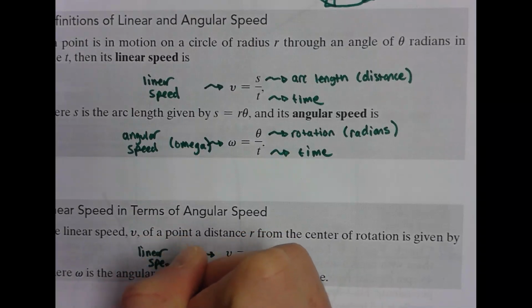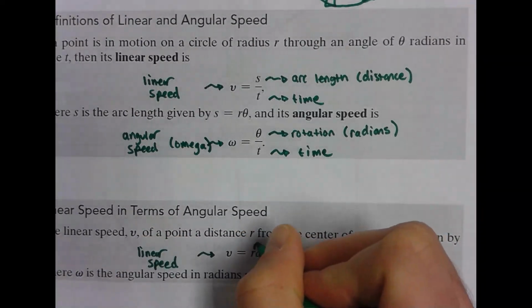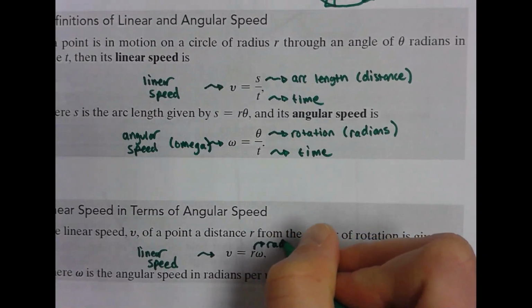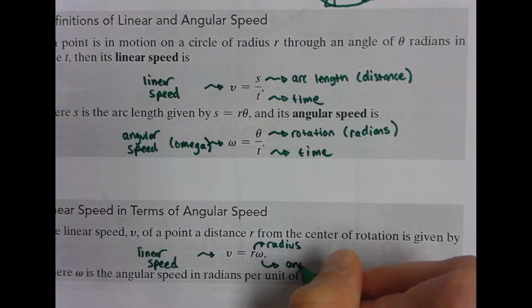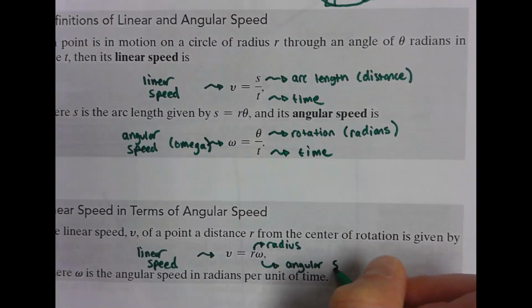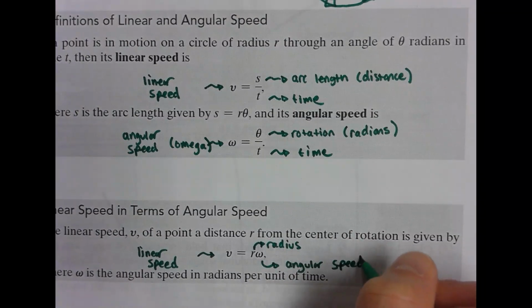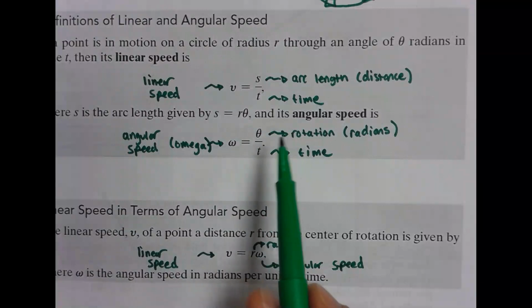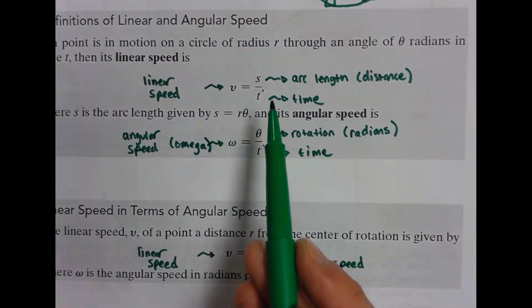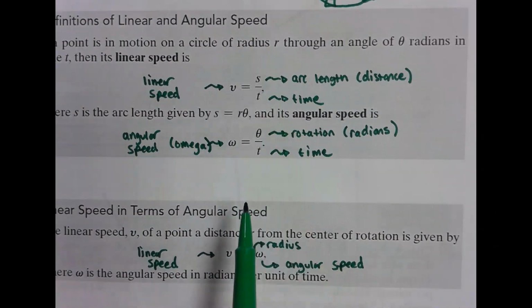Again, that's represented by the variable v being equal to the radius times the angular speed. This equation is derived from both of these being combined together. We easily could manipulate these equations and substitute variables in the equation up here to come up with this new linear speed equation.